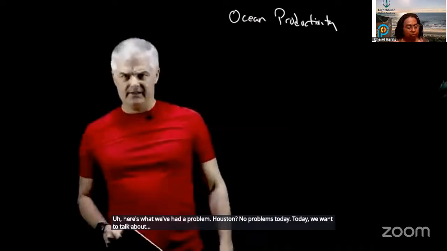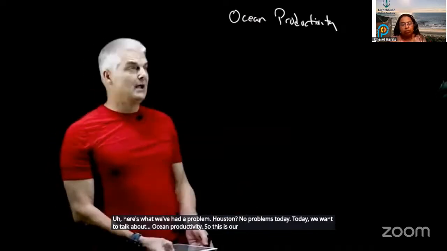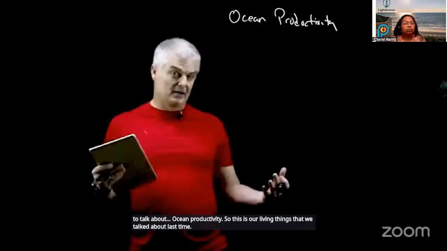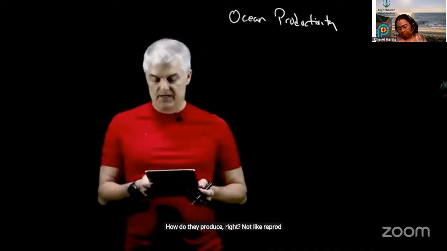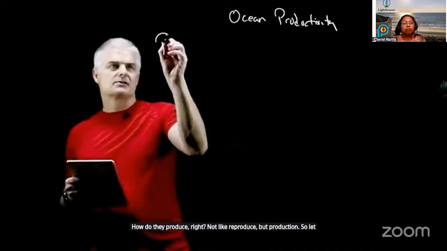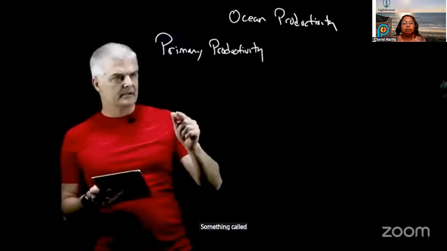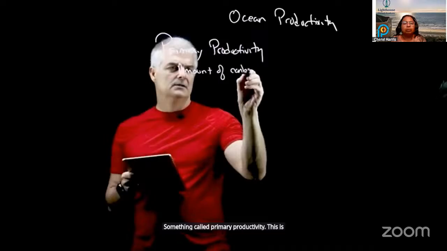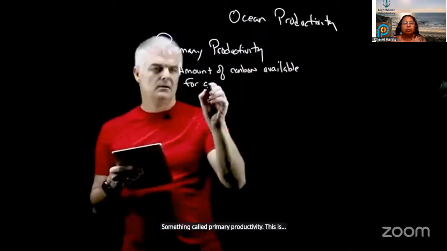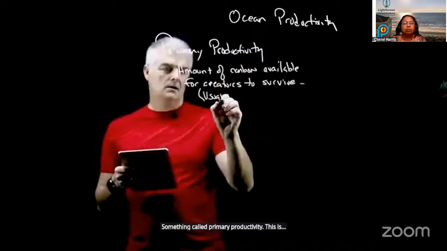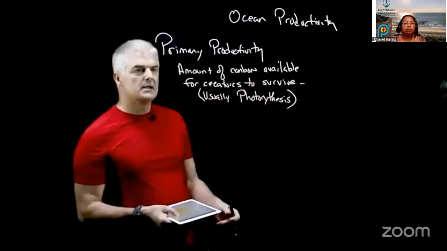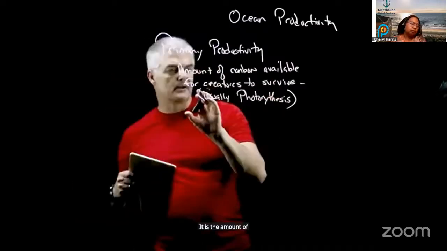ocean productivity. So this is our living things that we talked about last time. How do they produce, right? Not like reproduce, but production. So let's talk about this. What's this term here? Something called primary productivity. It is the amount of carbon available for creatures to survive.